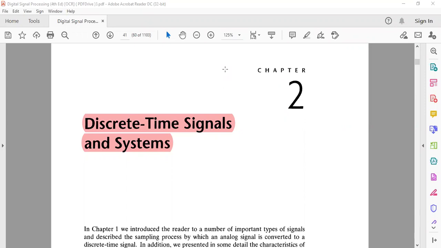In the previous 3 classes that we have had, we had an introduction to what signals are. We defined signals, we classified signals, looked at the different types of signals and how they appear and exist in nature.